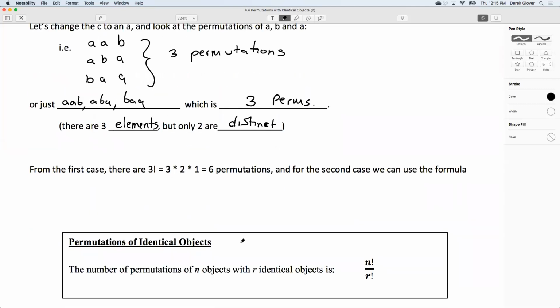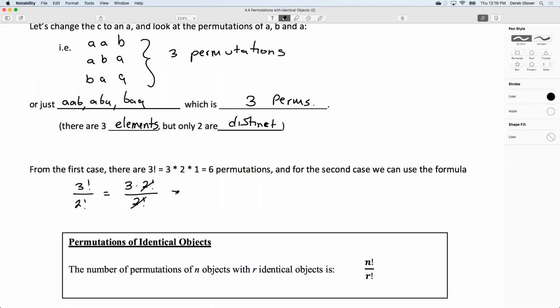From the first case, there are 3 factorial, 3 times 2 times 1 equals 6 permutations. For the second case, if we take that 3 factorial and we divide it by 2 factorial, it'll get us 3 times 2 factorial over 2 factorial.